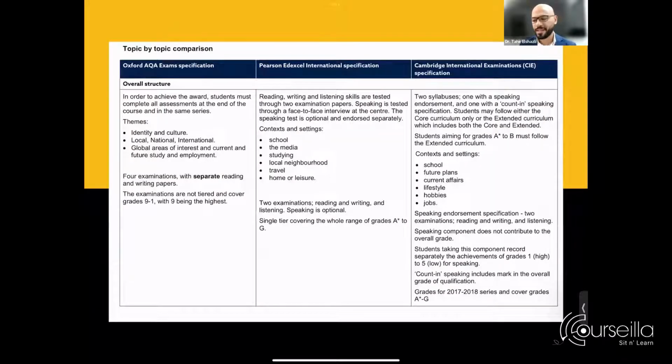The next is a little comparison, topic by topic, between the 3 examination boards. A very important question arises here. English as a second language, is it an exam on a complete academic subject? Is it a subject by all means, or is it just a group of skills, a set of skills that you need to acquire? There is a syllabus. We have a syllabus.